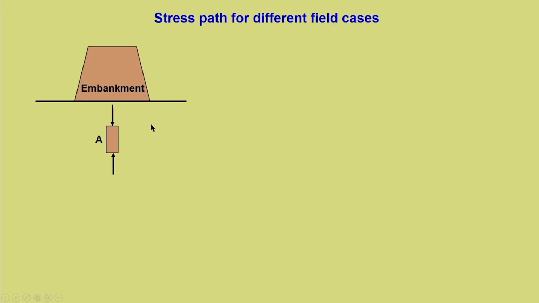Now, what is the consequence of this on a cylindrical soil element which is away from the embankment? Let us say the case B, wherein there is a stress increase, that because of the stress acting here, that will be delegated in the horizontal direction, because of which the radial stress increases in the case of sample B, that is a cylindrical sample B. So, these two are very much similar to the cases that we discussed.